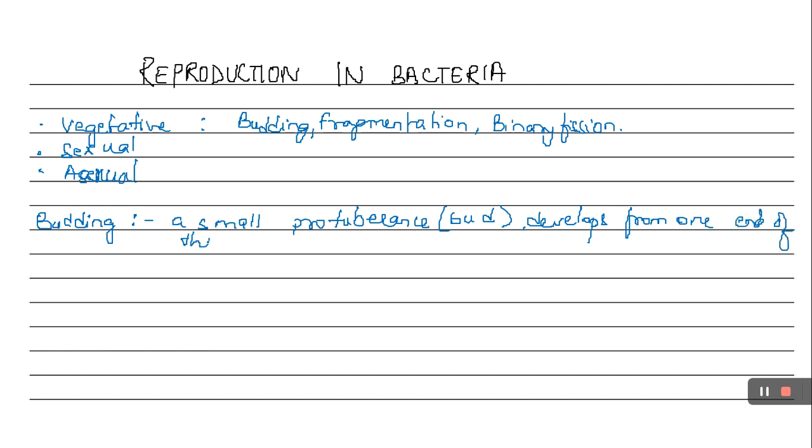Once the bud develops, the genome replication follows in the new protuberance which develops. So genome replication will follow and a copy of the genome set will be formed. The copy of the genome gets into the bud.